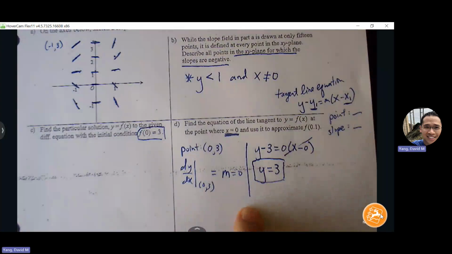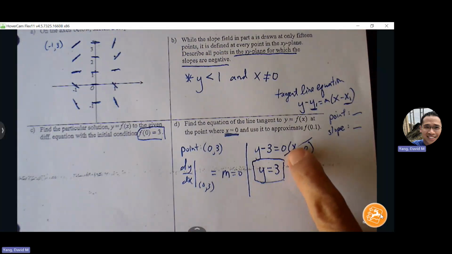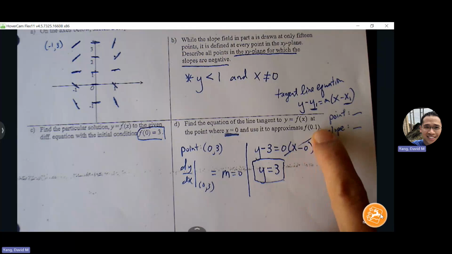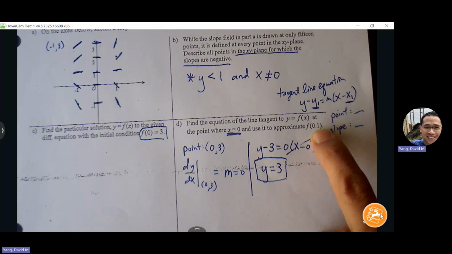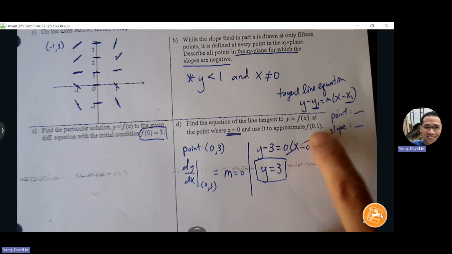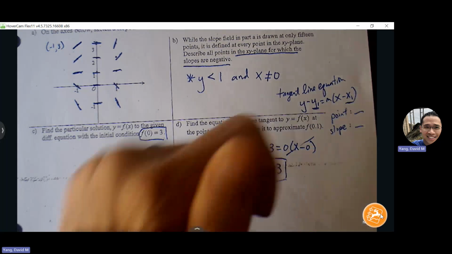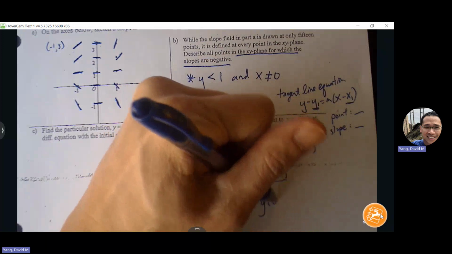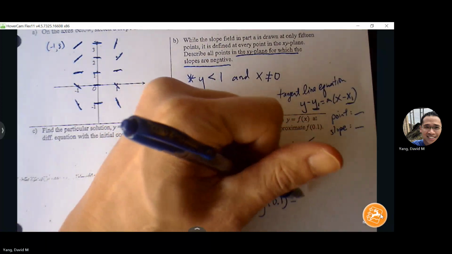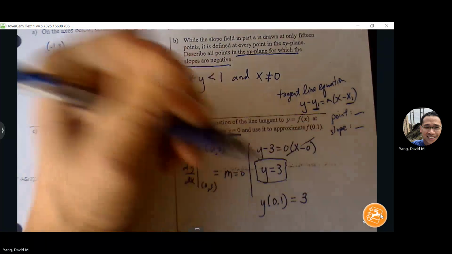Now, normally your tangent line equation is going to be a little bit more involved than this. This is just going to be a horizontal line. So there's not going to be any changes with my approximation. So normally I would have to plug 0.1 in for x and get some decimal value. But in this case, my equation is so simplified that if I try to plug in 0.1, I'm still going to get what? Still going to be 3.